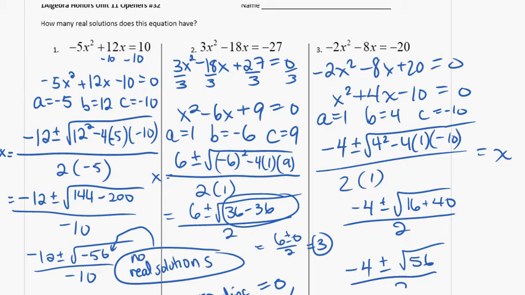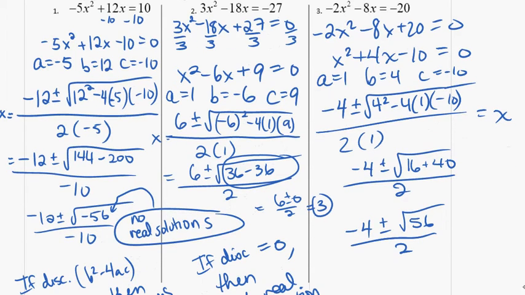The biggest perfect square that I know that goes into 56 is, let's see, 4 certainly goes in. I believe 4 is the biggest one. So this could be rewritten as minus 4 plus and minus 2 root 14 over 2.